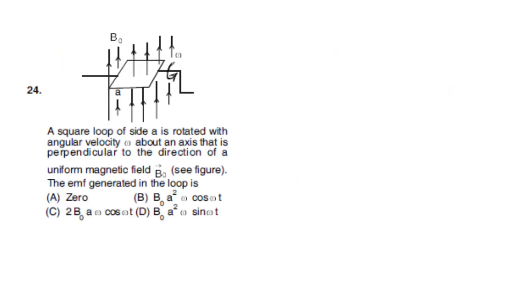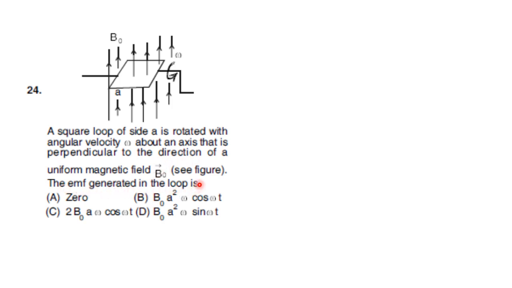Next question. A square loop of side A is rotated with angular velocity omega. So it is a square loop of side A which is rotated about this axis perpendicular to the direction of a uniform magnetic field B0. Now you have to find the EMF generated in the loop.